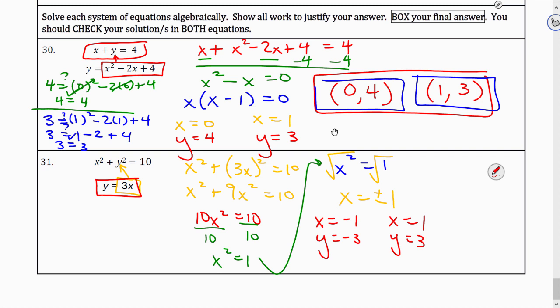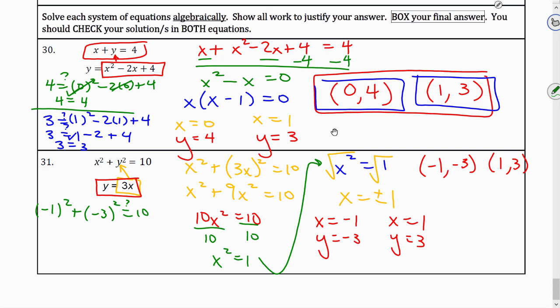So the coordinates I get are (-1, -3) and (1, 3). It says check both equations. I know it works in the bottom because I just plugged it in there, but I'll check the top equation. I have negative 1 squared plus negative 3 squared. Does that equal 10?